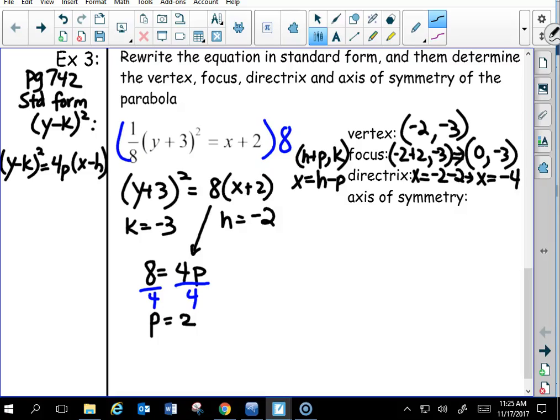So there's the equation of the line of the directrix, and the axis of symmetry is just at y equals k. y equals -3. Okay, and we're done with that.